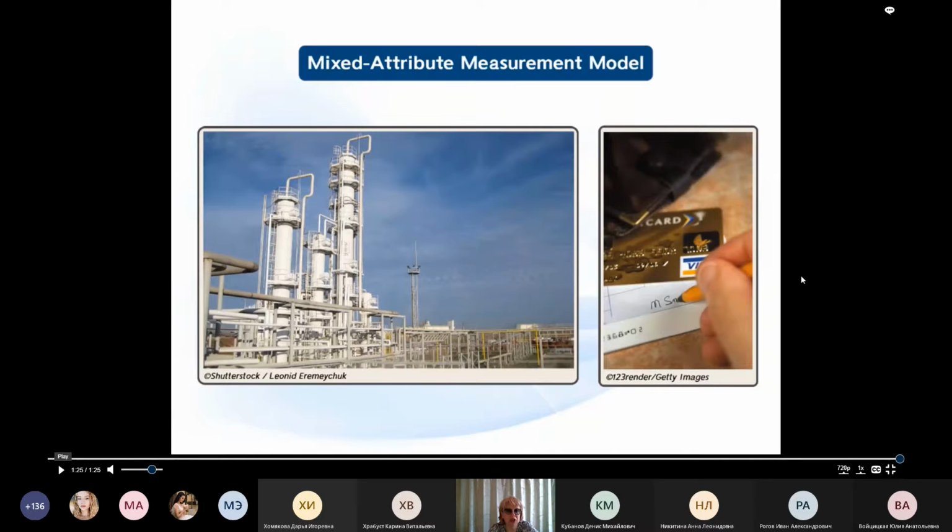Unit of measure: everything in accounting should be measured in national currency or other functional currency. And also the mixed attribute measurement model. It means that we should identify two types of cost. Initial cost, at the moment of purchase or construction, we should calculate this cost.